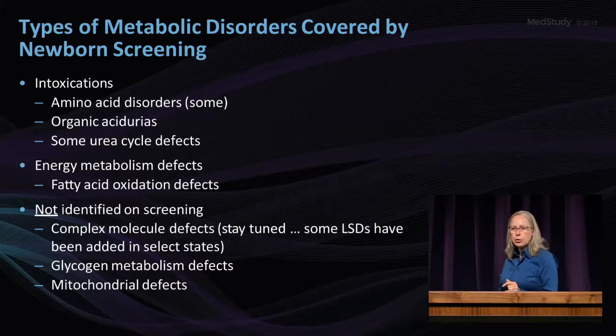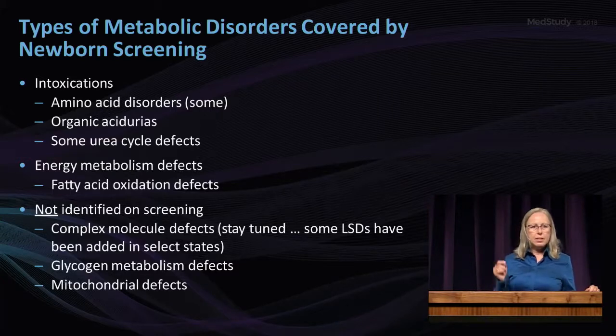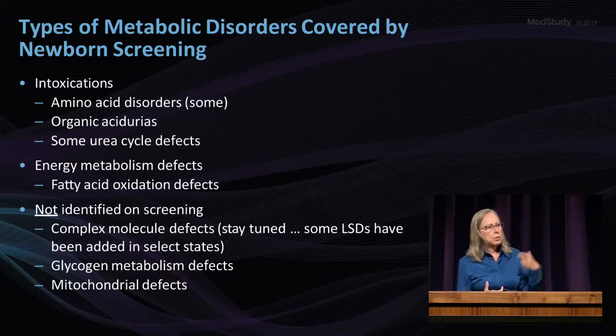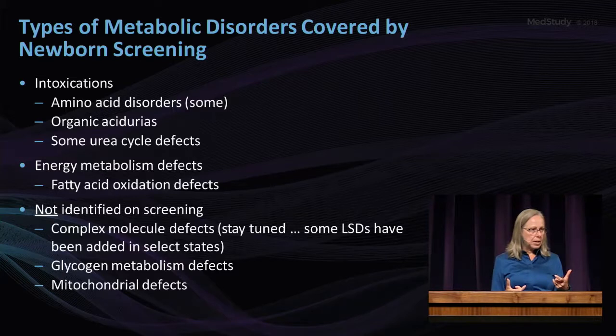Complex molecule defects are not identified on screening. However, this is changing rapidly. Some of the LSDs now have been added to select states because we have enzyme replacement therapies. So this is an ongoing debate, and it's on a state-by-state basis. Knowing what happens in your state and your bordering states will tell you what the child's been screened for.